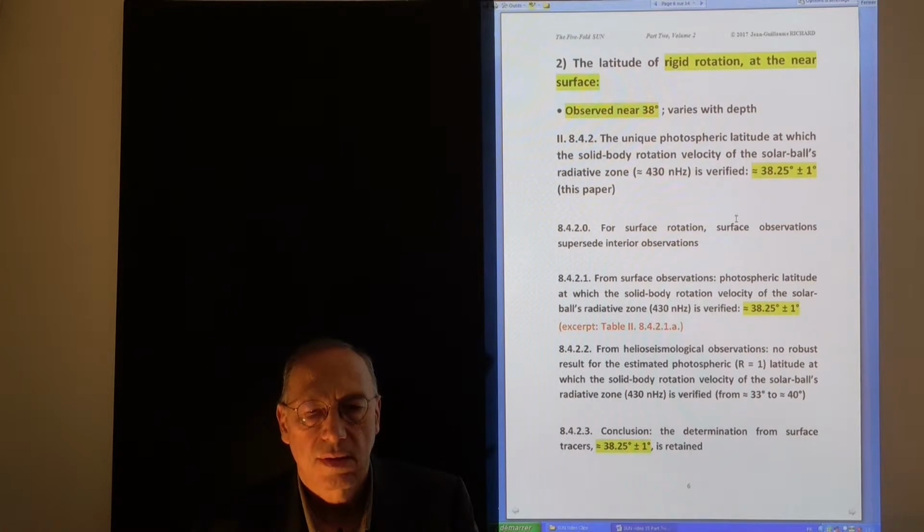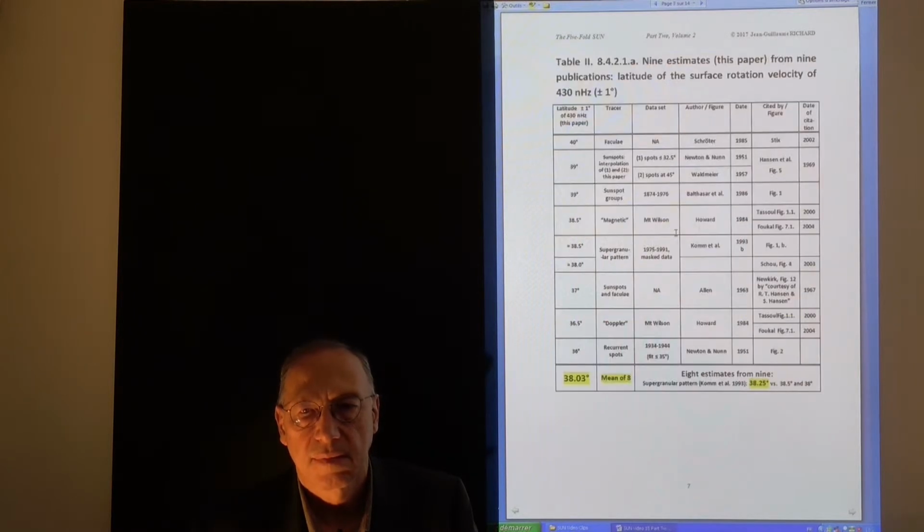And the helioseismological measurements for the interior are difficult to interpret in this case.